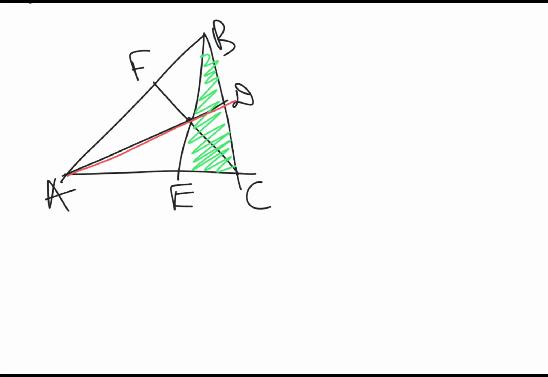It intersects, and we write the Menelaus theorem for this triangle and this line. The three points A, O, and D, where O denotes the intersection point, are collinear. So therefore, by Menelaus theorem, A, O, D are collinear.